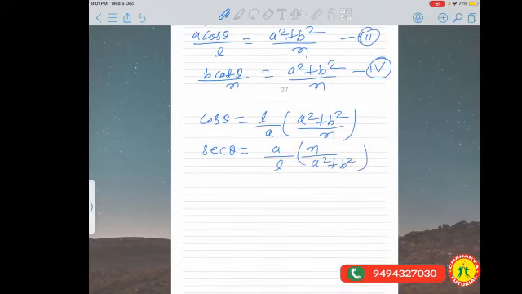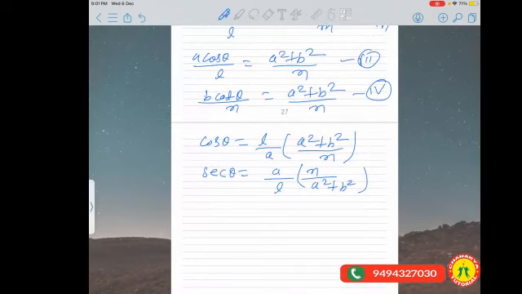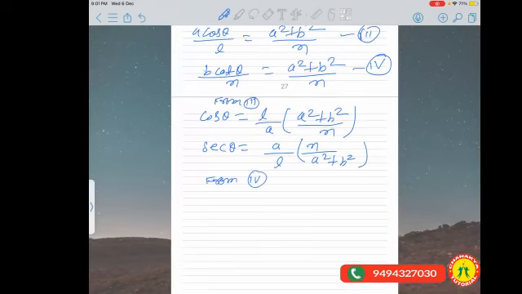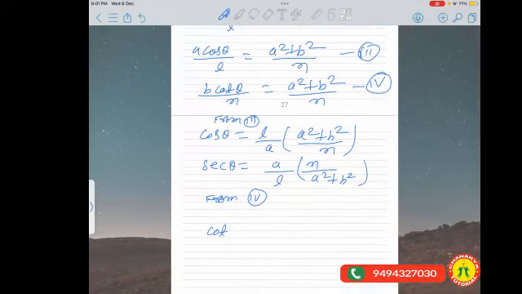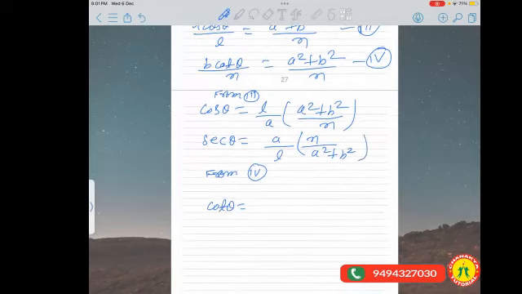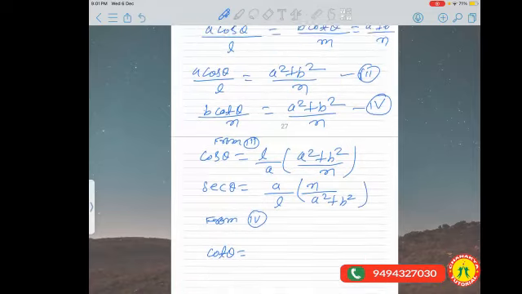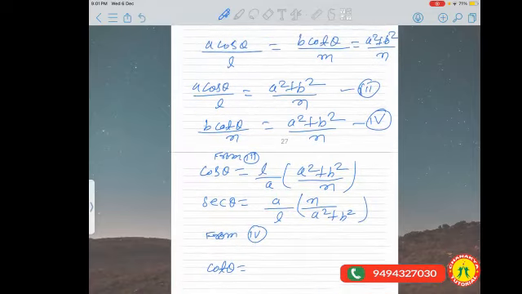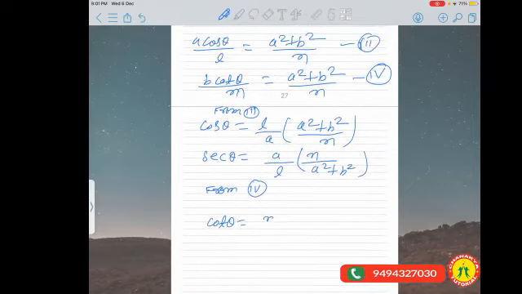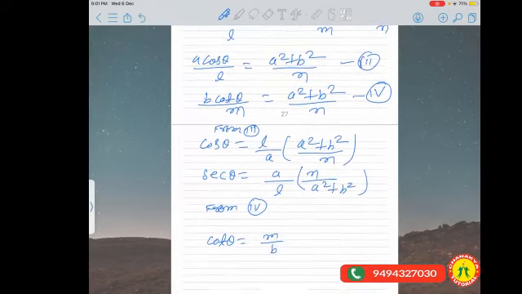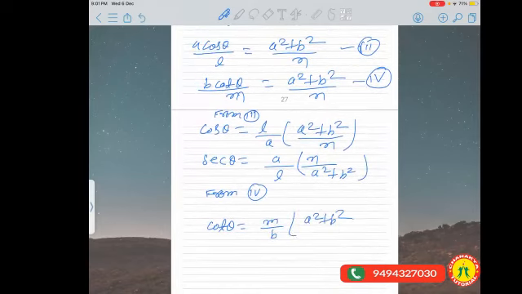So now from third, from 4 we can take, cot theta is equal to m by b times (a square plus b square) by n.